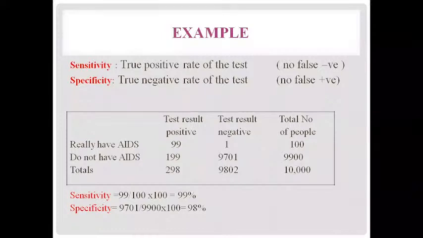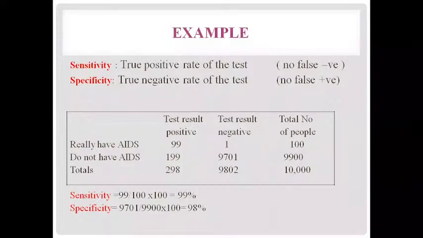Now, what is your sensitivity? It is 99, because these are the 99 that are positive according to your test, over the total number of patients you tested, that is 100, times 100. So your kit gives you 99% sensitivity.